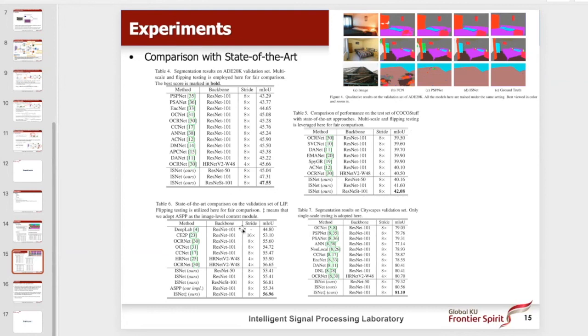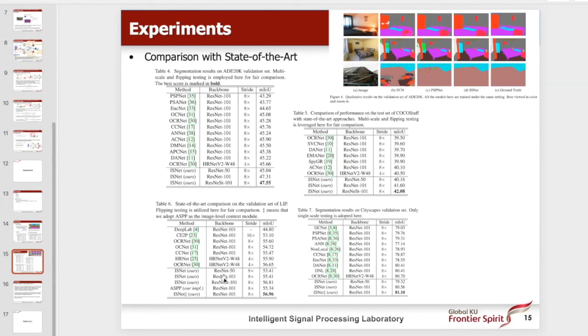The third is the LIP dataset. This dataset is a fine-grained semantic segmentation dataset, and it has additional challenges, for example the complex clothes texture, the scale diversity of different categories, the deformation of the human body, and the fine-grained segmentation of the labels. So it is a very complex dataset.